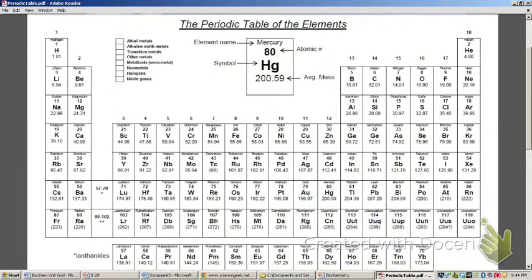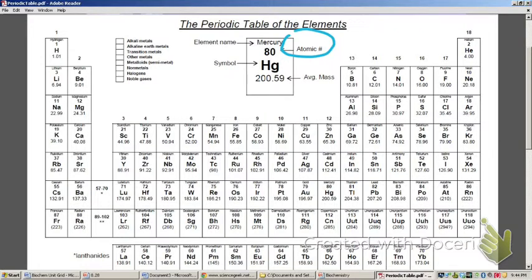Now, let's go back here and look at what this actually shows us on the periodic table. So the atomic number. For example, right here, mercury has an atomic number of 80. That means it has 80 electrons and 80 protons, because we want it to be neutral in this situation. It's a neutral element, so there's no polarity, no charge to it.